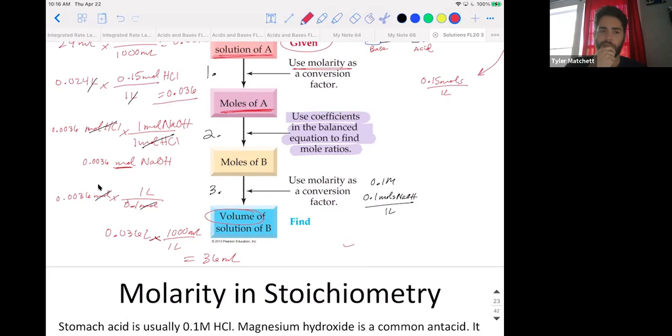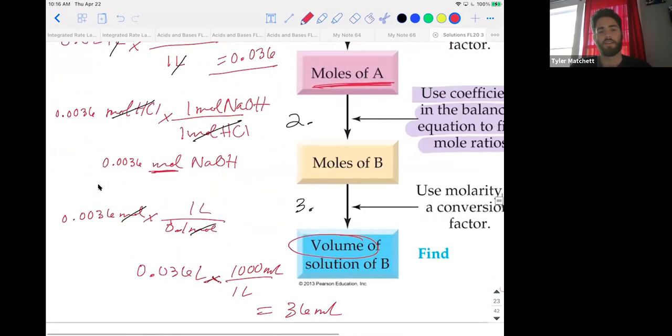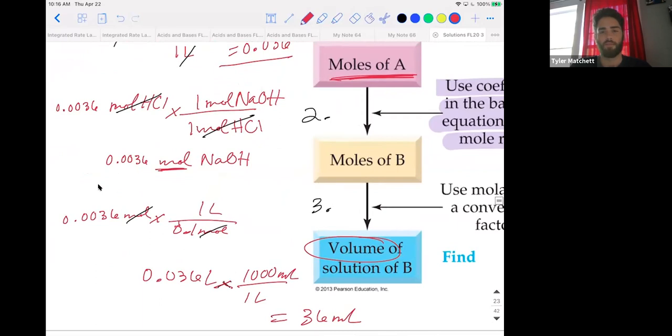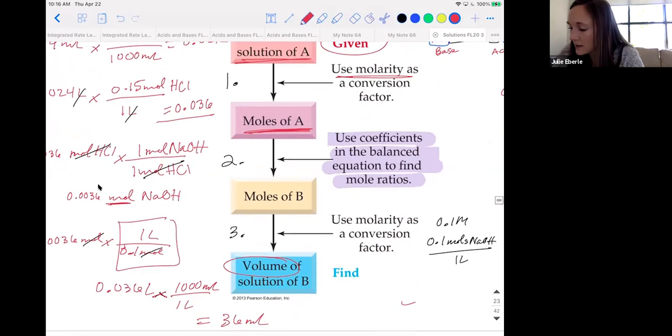Yeah, absolutely. So for some reason I got lost when we got to multiplying our moles for NaOH by the 1 liter over our 0.1 mole. Is that just multiplying it by molarity and then flipping it? This right here is the molarity, the 0.1 molar.